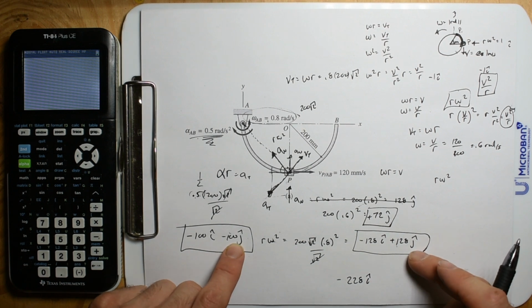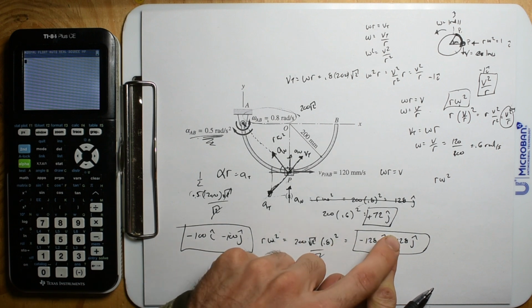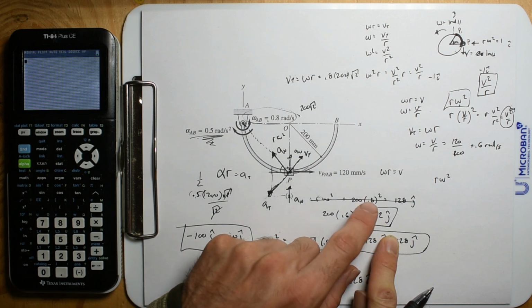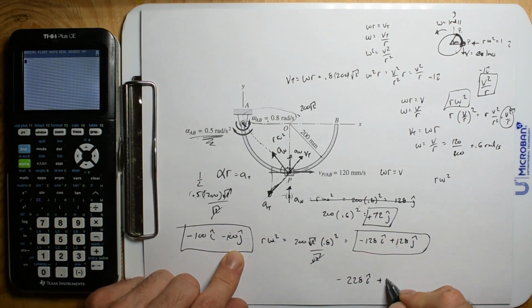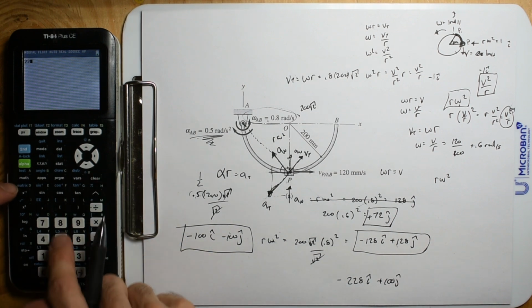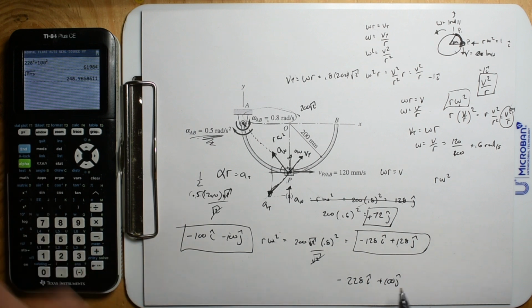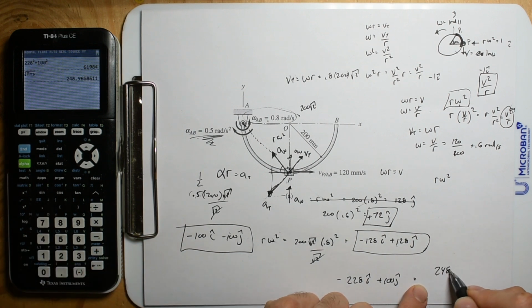Our j hat terms, this 100 will cancel that 100, so we have 72 plus 28, which is 100, so we're going to have plus 100j. And we're going to have 228 squared plus 100 squared, square root of this is 248.9.